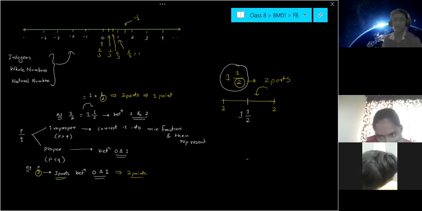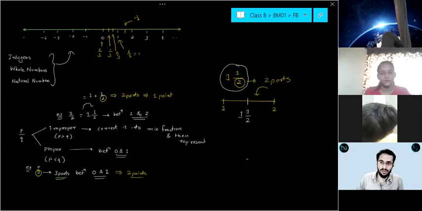Okay, Pragati. Now, Soumya, you are having which doubt? Ask me your doubt, Soumya. Actually, between two numbers there are an infinite number of fractions and rational numbers. We can't count them. So why are they telling that there are three?